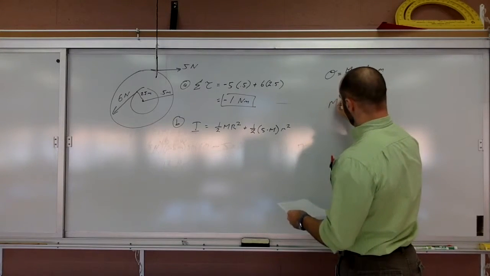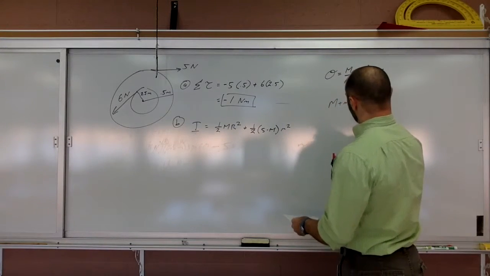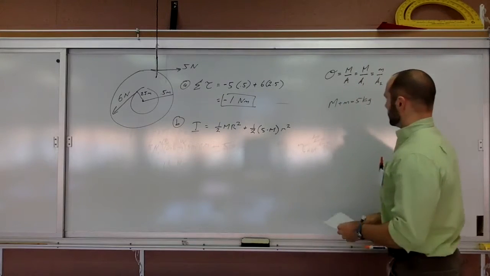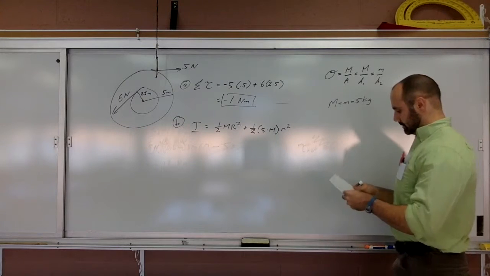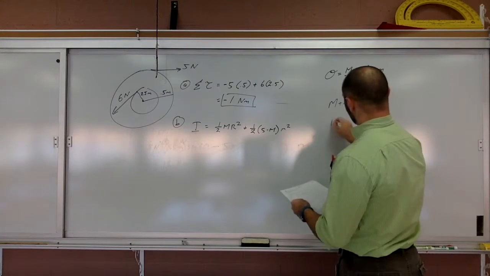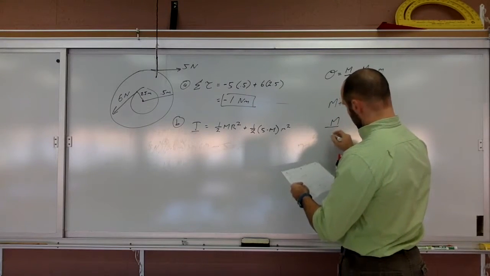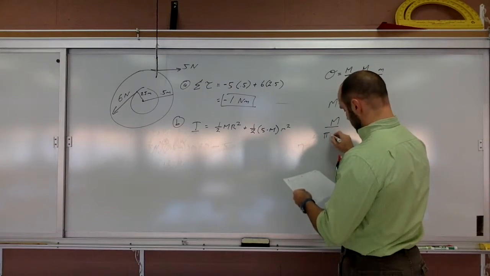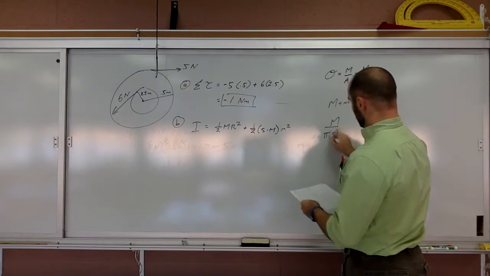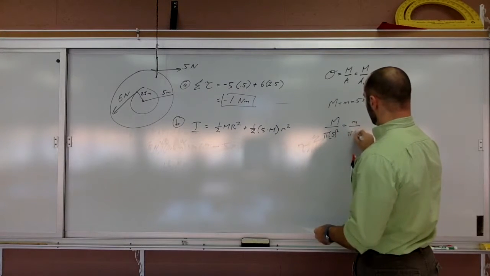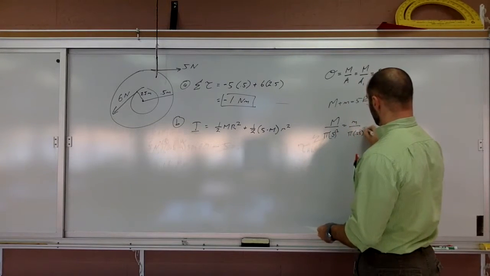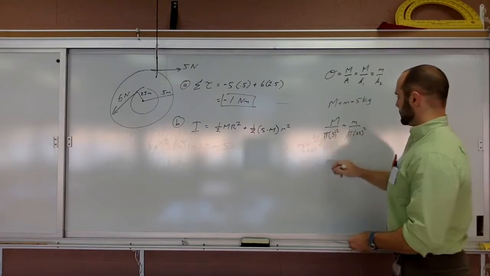And I also know that big M plus little m is 5 kilograms. All right. So here, big M over pi times 0.5 squared, that's the big one, is little m over pi times 0.25 squared. So the pi's cancel out.